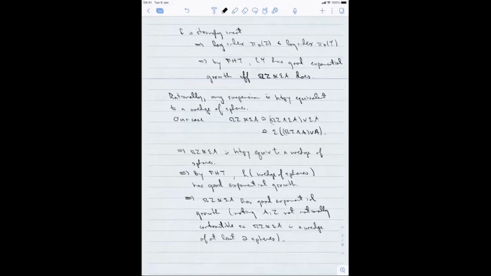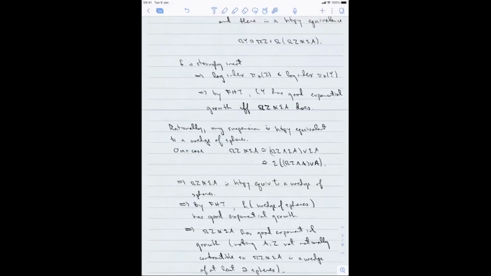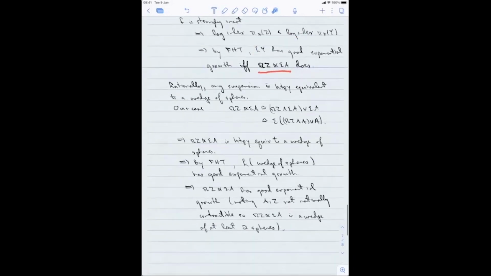And that does it, right? The strongly inert condition gave this comparison on log indices, which says that the space that we want to have good exponential growth does, if and only if this space does. And then it's easy to show that that one does because it's a wedge of spheres, and we know the result there.